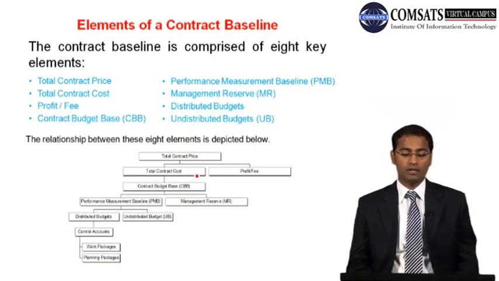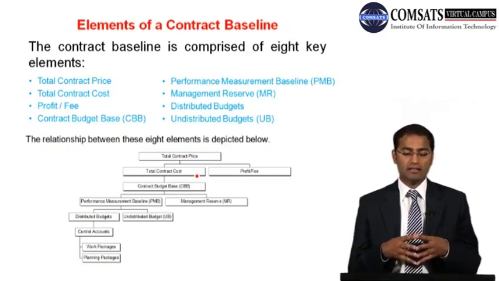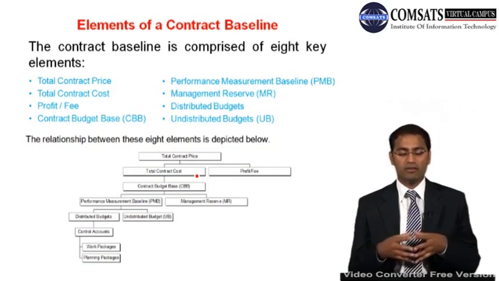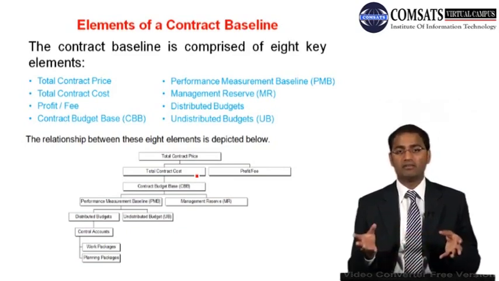So how actually we develop this PMB as far as top-down methodology is concerned, we are going to do that, and we can actually create this PMB from bottom up, and that will be done in relevant sessions of this very course, like in earned value management.